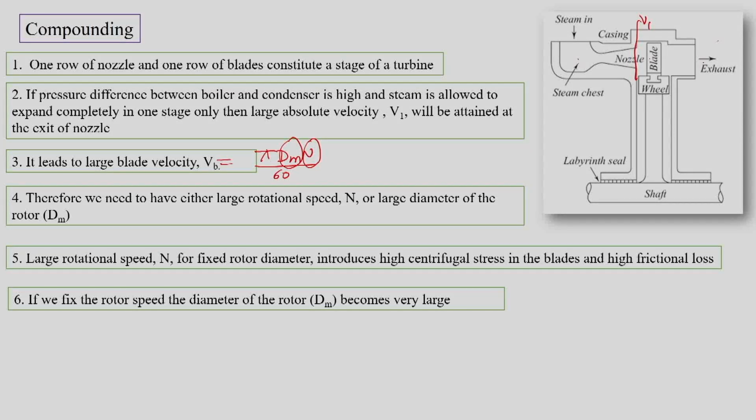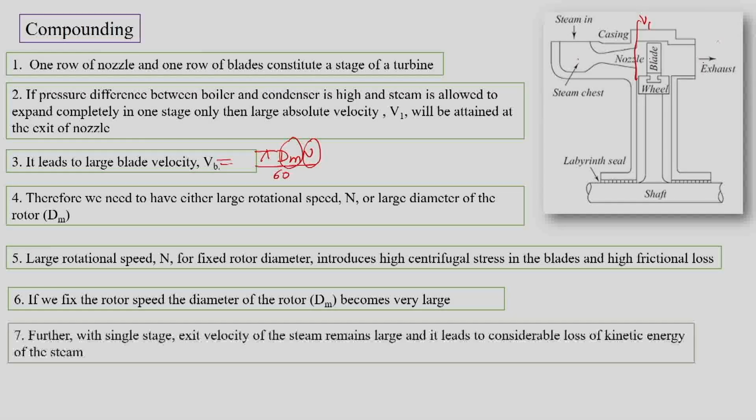That also creates a problem. Further, we will have a very large velocity V2 at the exit of the complete stage, so we would not be able to completely extract the expected energy from the stage.